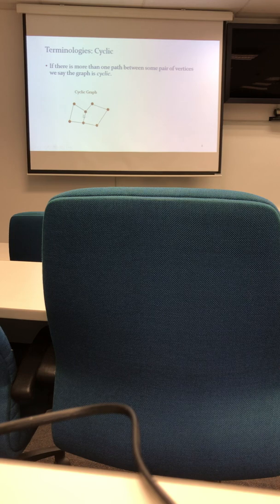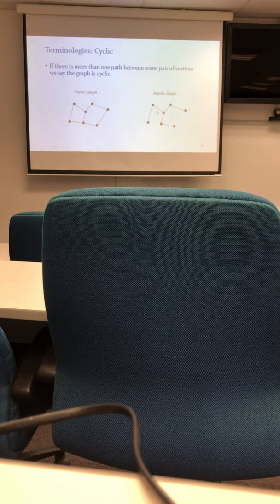So this is a path connecting this vertex to this vertex, and this is also another path connecting these two vertices. Okay. So there are two paths, more than one path, connecting these two vertices. So this is a cyclic graph. And this is acyclic graph.